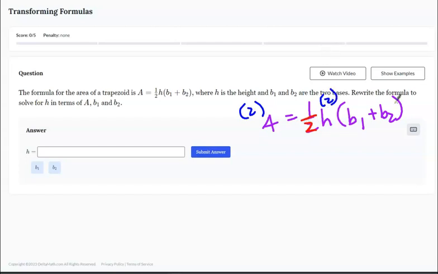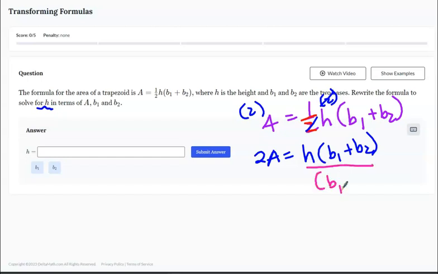Now notice, this is one full term. So I don't multiply anybody here, I'm just inversing the fraction. So 2a is equal to the height times base 1 plus base 2. They're asking me to get h by itself. So that means that I need to divide by this entire quantity.